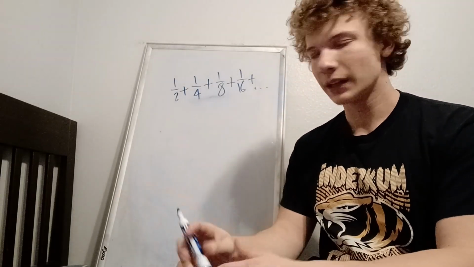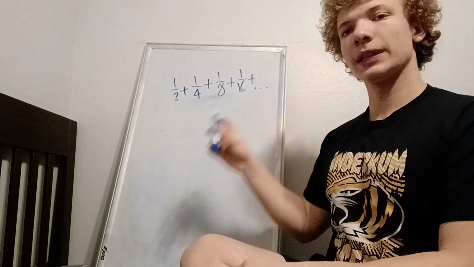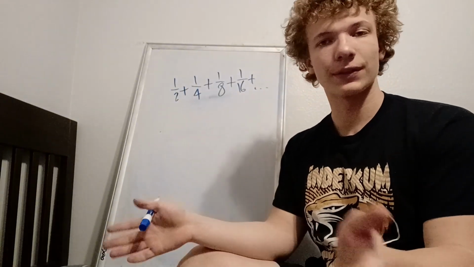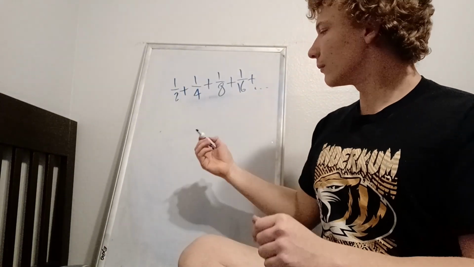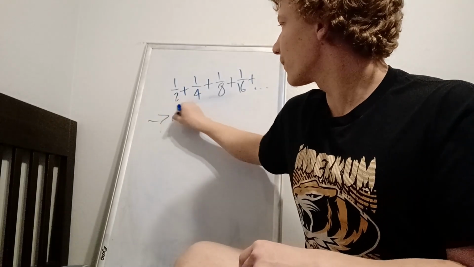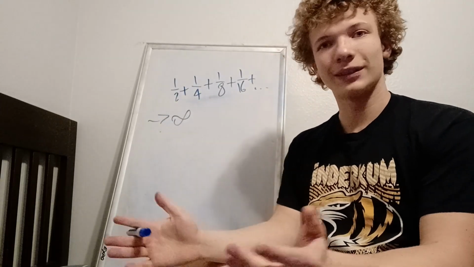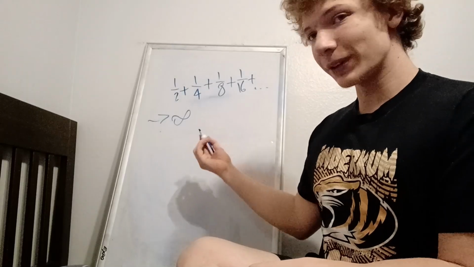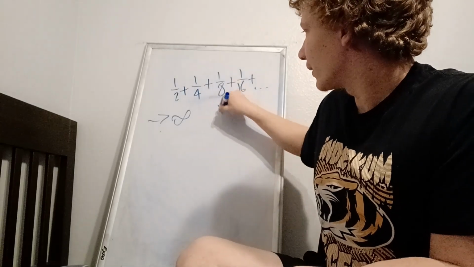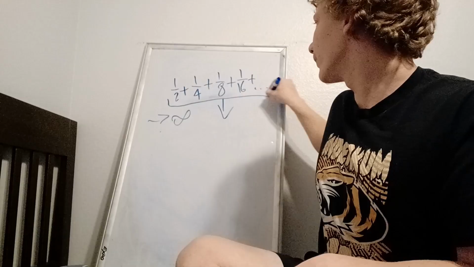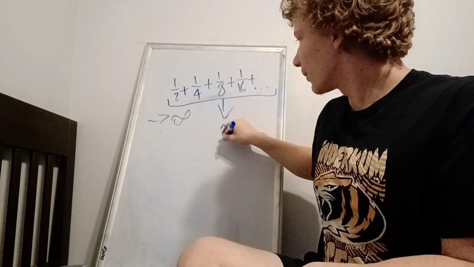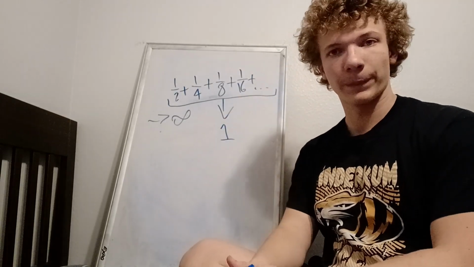Now you may think, well, every number in this list will be greater than 0, and since you keep adding them, then maybe this approaches infinity. Well, it doesn't. It actually converges to a single value. This whole infinite sum converges to exactly 1.